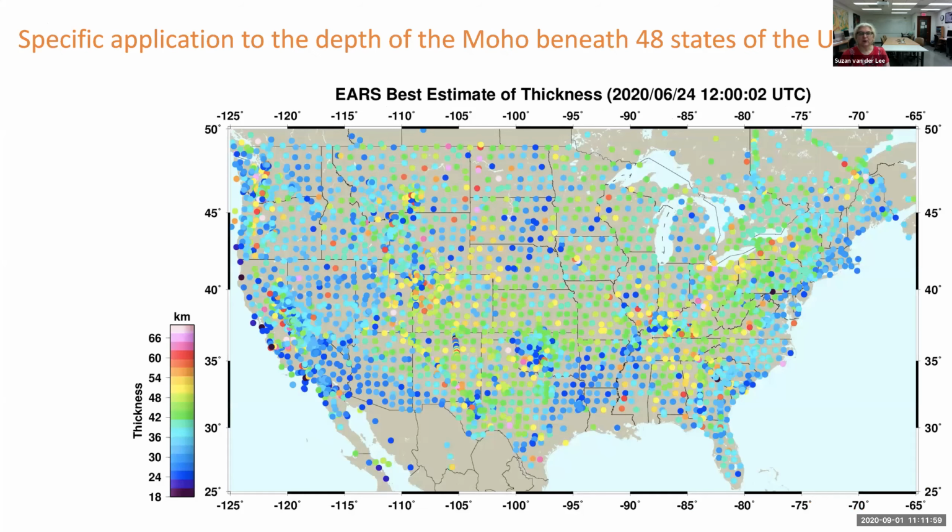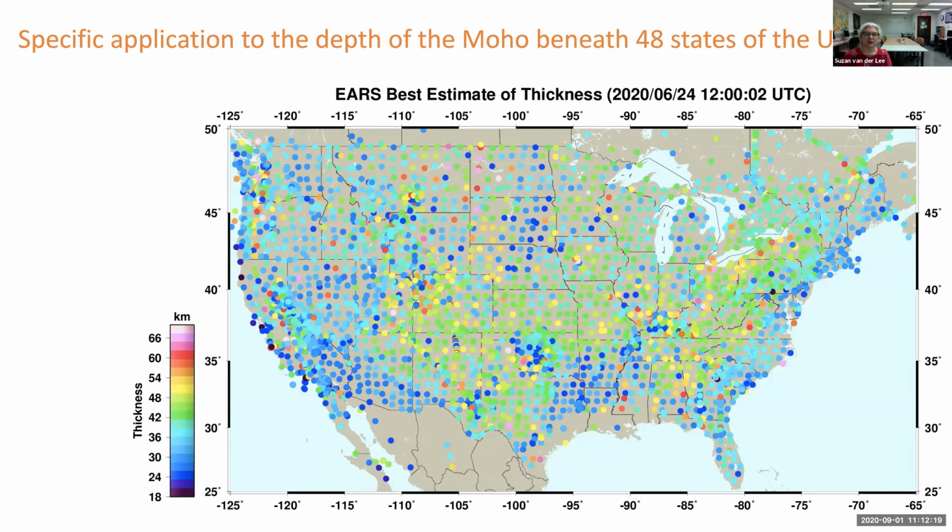So our focus will be an example, and this example is all of these measurements of MOHO depth, or estimates of MOHO depth, that have been made for seismic stations in the United States, right? So this is a map of 48 of the states of the United States of America.